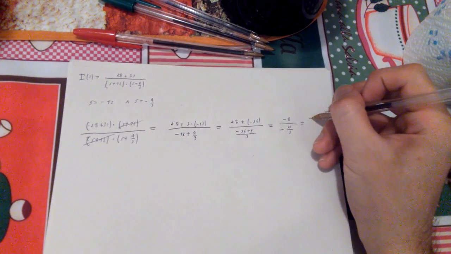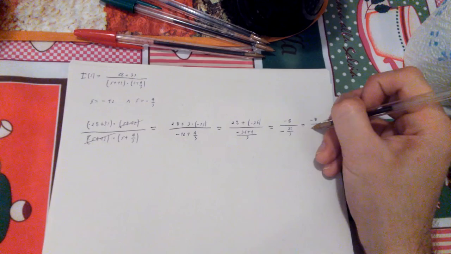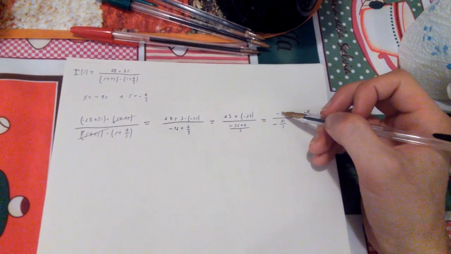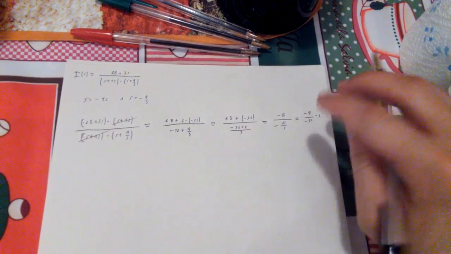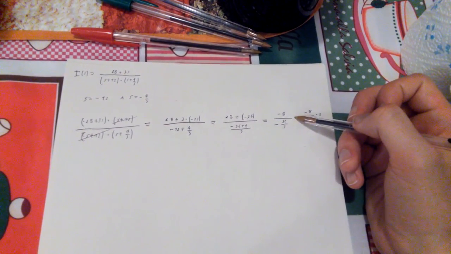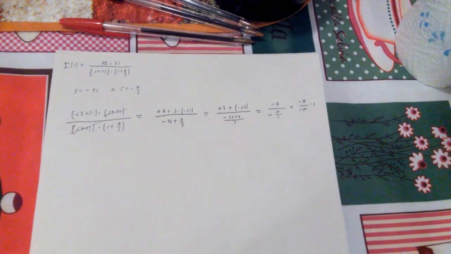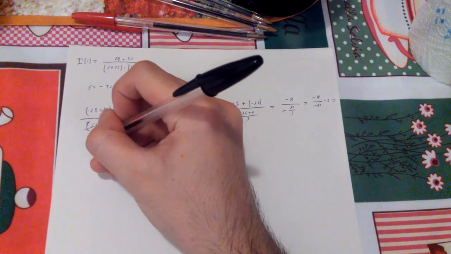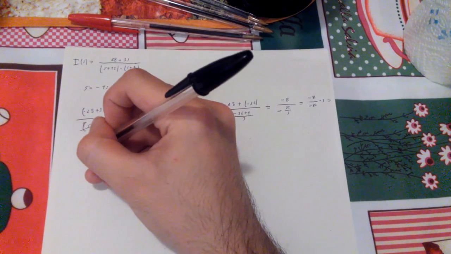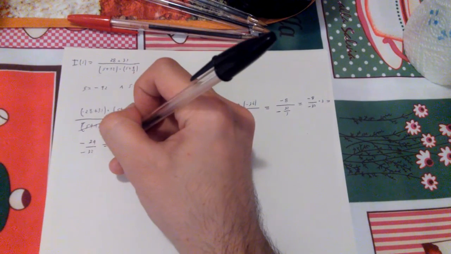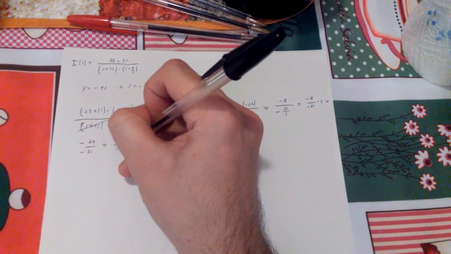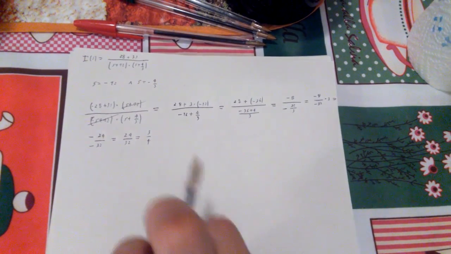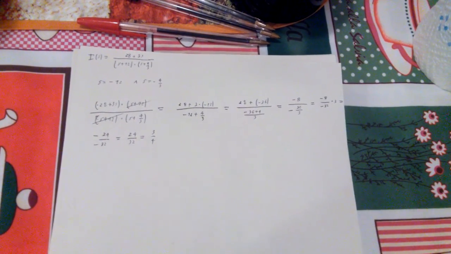So this is actually negative 8 over negative 32 times 3, because when you have a number divided by a number divided by a number, you can just multiply this number and bring it here. So I have negative 24 over negative 32, which is just 24 over 32, which is just 3 over 4. There we go. So this is our first pole.